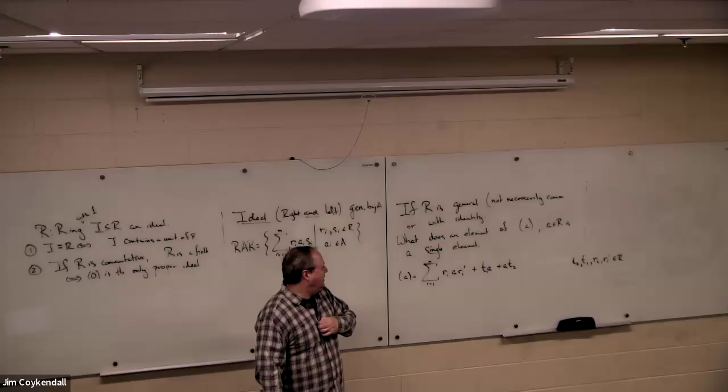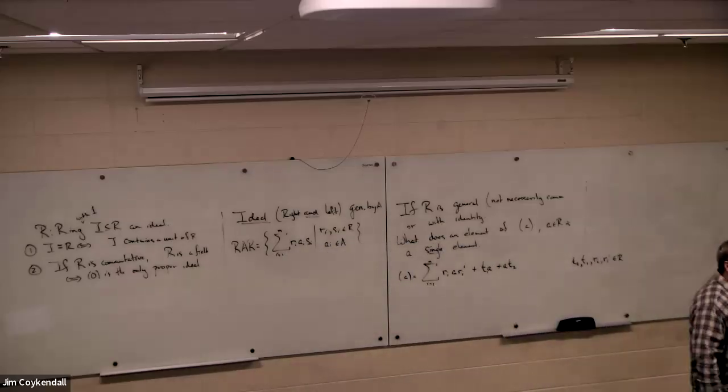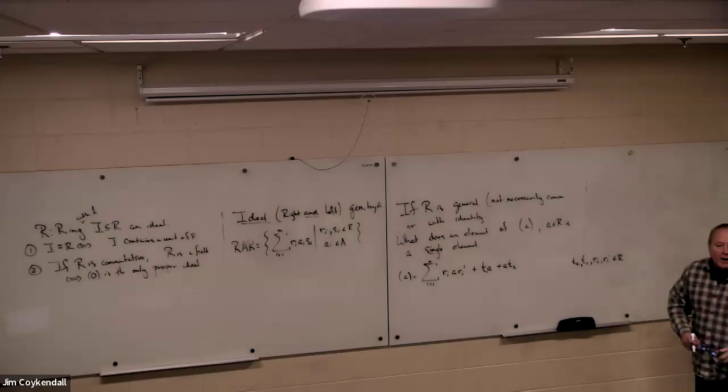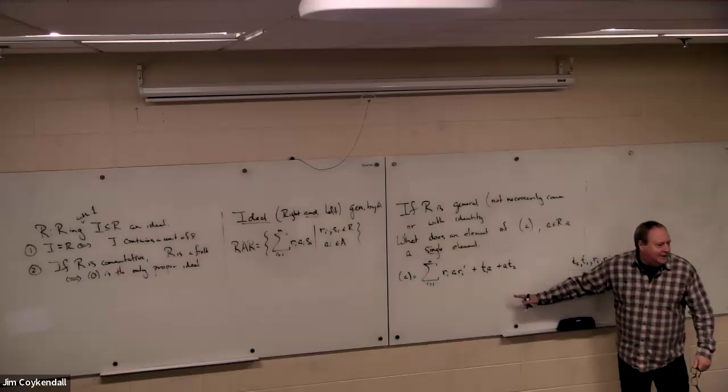There are still other ways. Let me point out something. The ideal generated by A should contain A. I think we could all agree with that. There's no guarantee that A can be any of these terms because I don't have an identity. Right? So there's no A there at all.